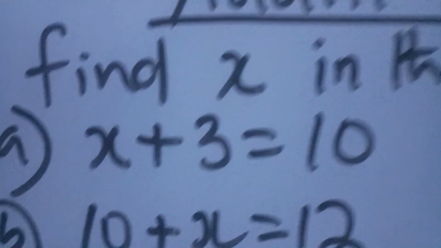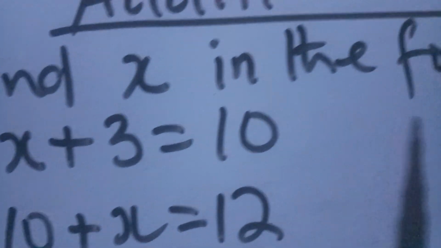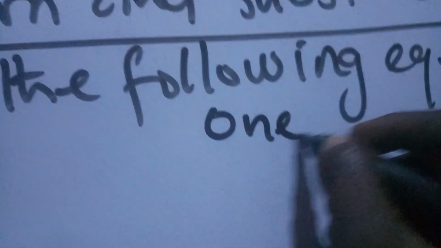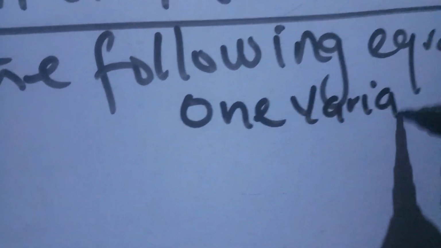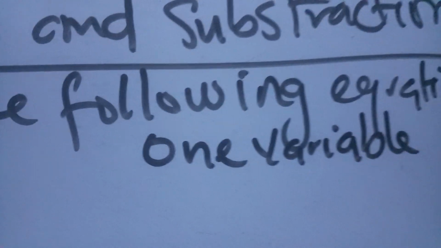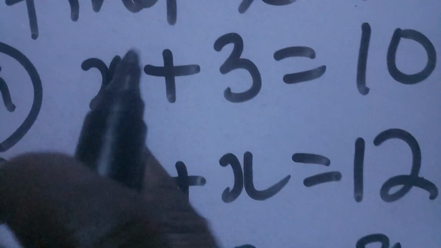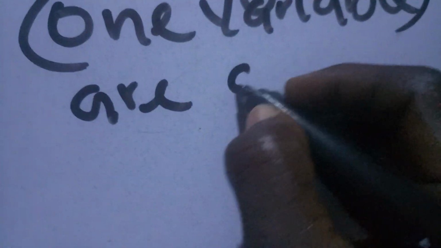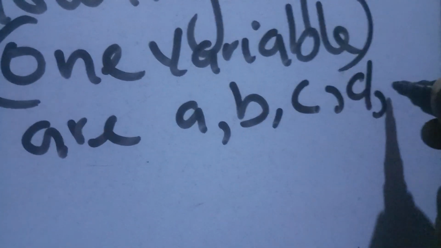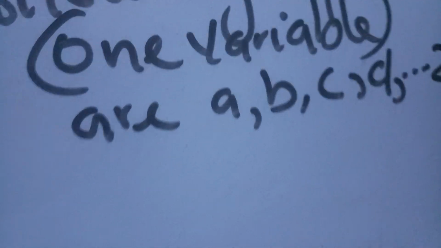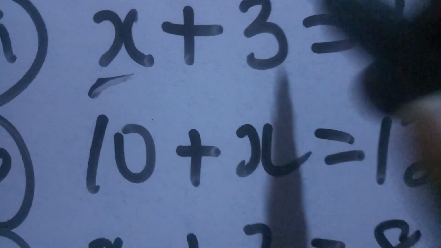These are equations with one variable. The variable is this alphabet. What are variables? Variables are A, B, C, D till Z. They vary.